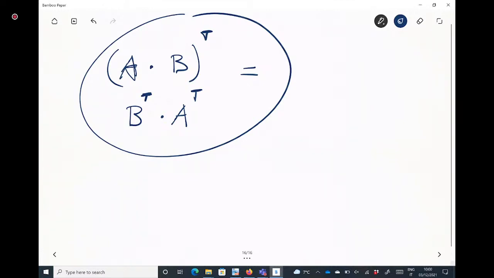So basically, you can try with a simple example, and you see that. The first intuition would be, okay, the transpose of the product is the product of the transpose matrices, okay? It doesn't work in this way. You have to take the inverse order of the two factors.